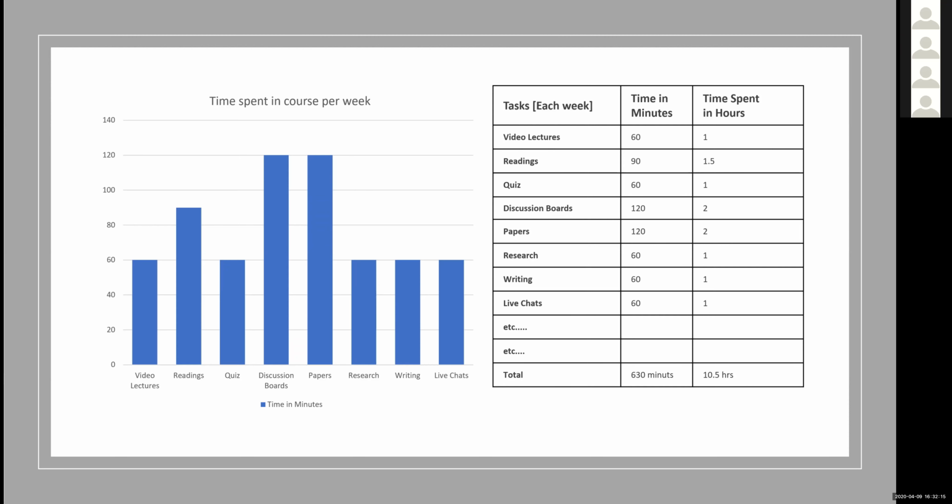So there's differentiation in there. Okay. And this is just a sample, not really based on any course. It's just an illustration. So you will replace the first column with the actual course activities in your course. And there's room for other activities that we may not have listed here.